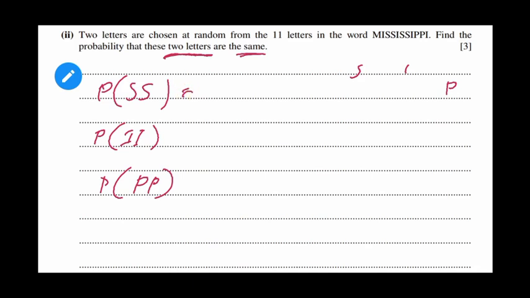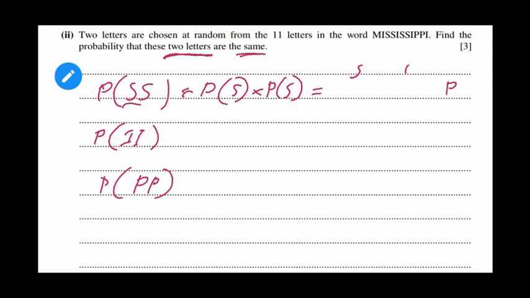Now let's check. Suppose we choose this one, that means probability of first one is S and second one is also S.